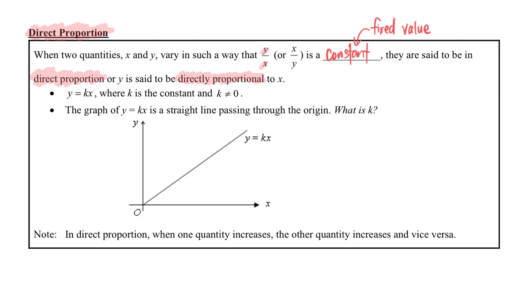Things to take note about this topic would be what the equation looks like. The equation of the graph is y equals k times x, where k is the constant and k does not equal 0. It is a straight line that passes through the origin, which is this point here.